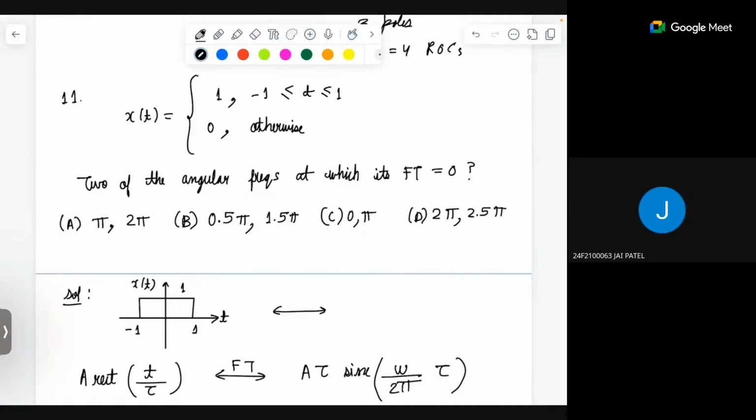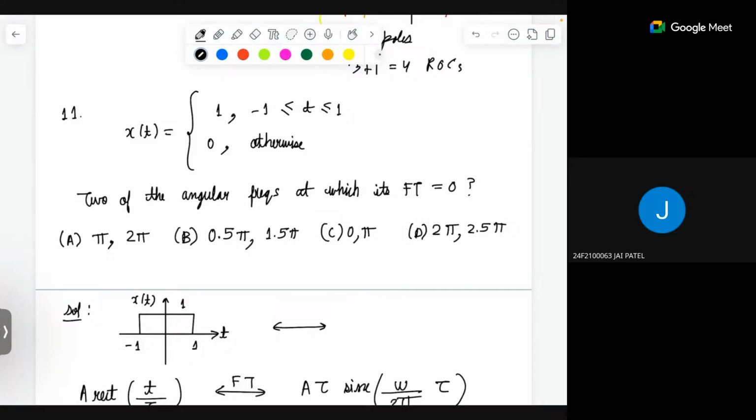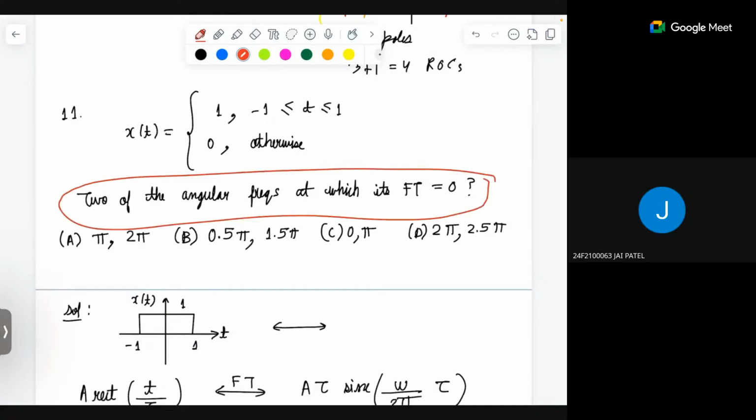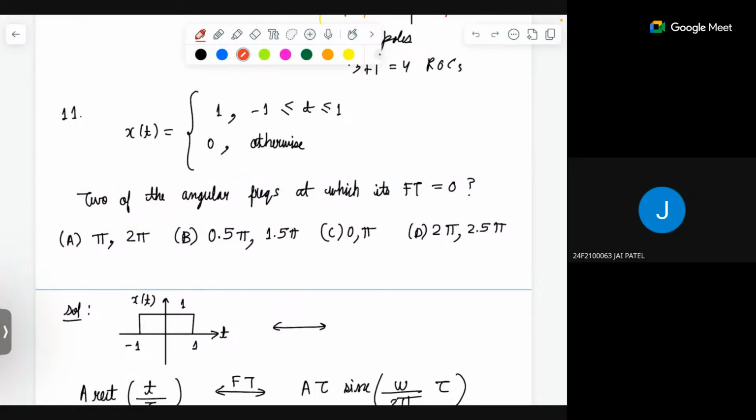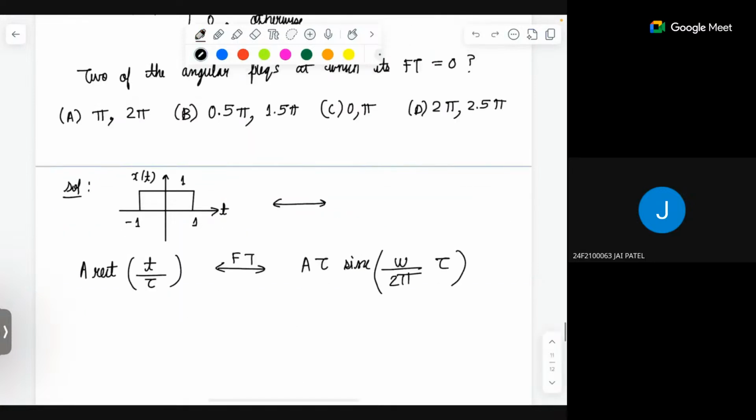So everyone, please pay attention. The x(t) was given to be 1 between -1 to 1 and 0 otherwise. So this is how we can represent it, which is a rectangular function. Now we want to find the angular frequencies at which its Fourier transform is 0. So let us first find the Fourier transform of this. If you remember how we used to represent rectangular signals, x(t) can be written as rect of t by 2.